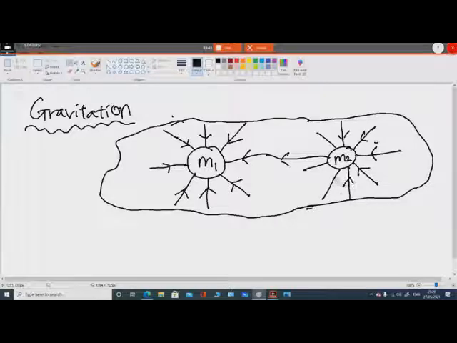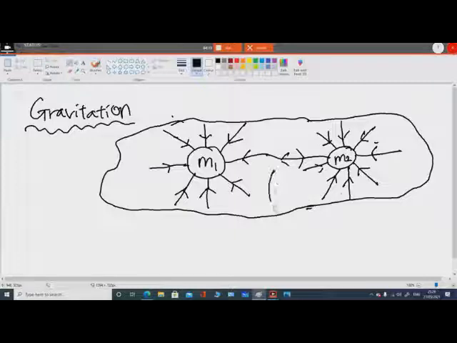As M2 exerts its own gravitational field lines, it means that M2 is also able to attract M1 towards its direction. So M2 is about to be attracted towards M1, and at the same time M1 is also attracted towards the direction of M2.